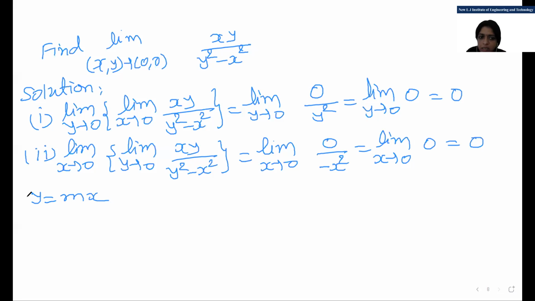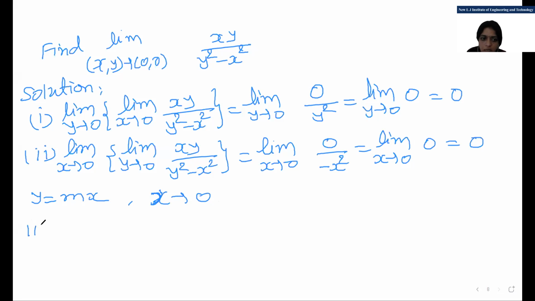Okay, y equal to mx. This m is the slope, so y equal to mx, as we assume y in the form of x. So our limit is limit x tends to 0 only. Okay, as y is equal to mx, so we have to take x tends to 0.